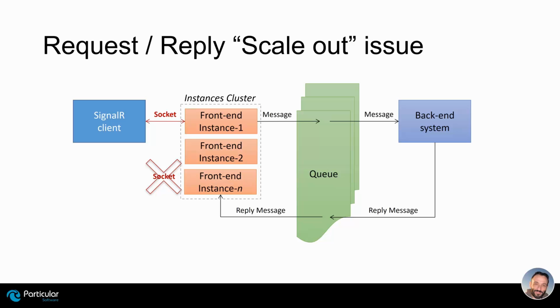So there is no way for the instance to reply back to the client. And we may encounter a really interesting scenario, because if we rely on the fact that we are able to talk back to the SignalR client, we may end up in a corrupted state or losing some really important information.